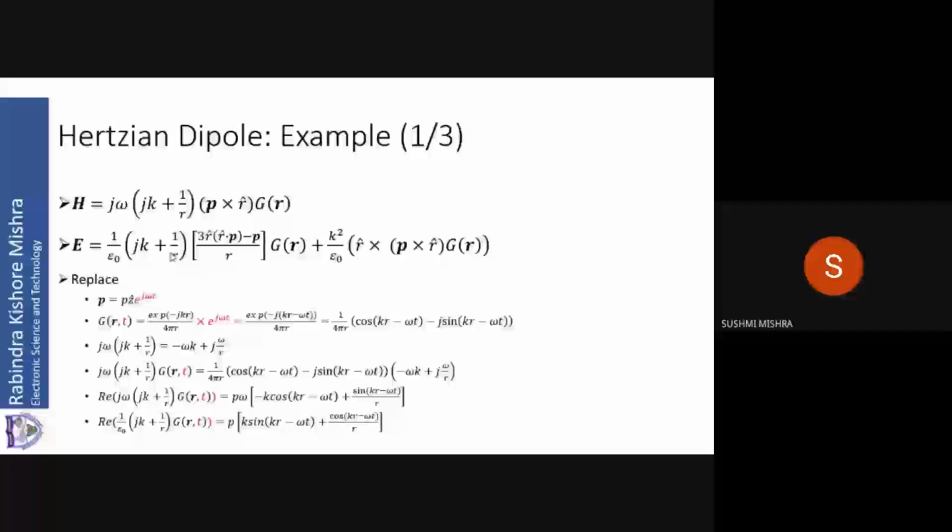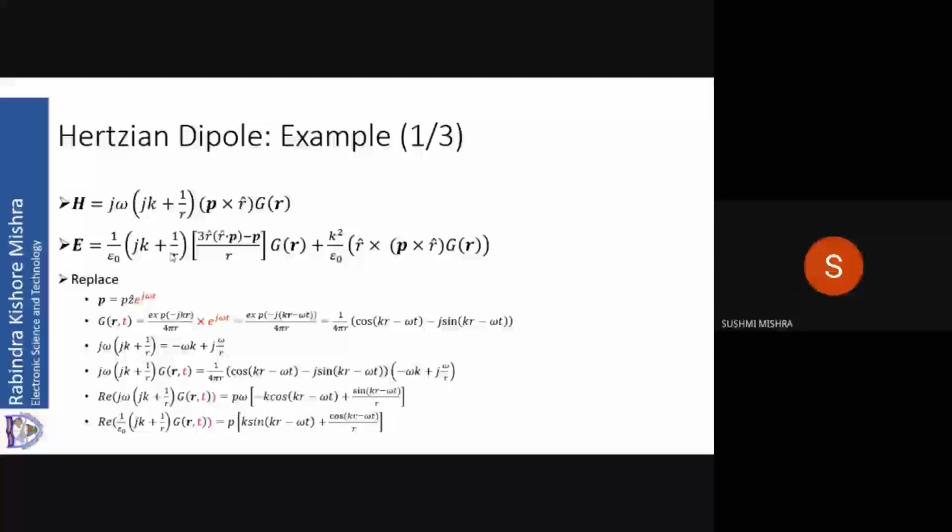From that we obtained different values, which are j omega into (jk plus 1 upon r). Simply multiplying that gives the right hand side. Similarly, for the next one, we multiplied that and took the real part, and taking the real part, we got the right hand side.